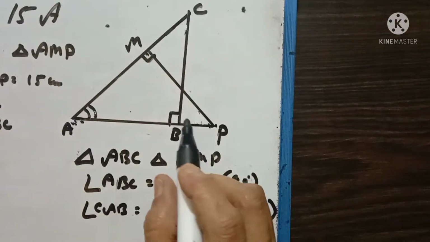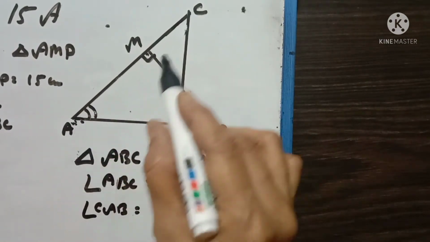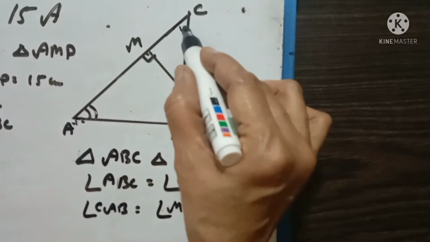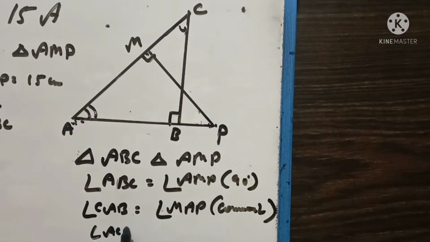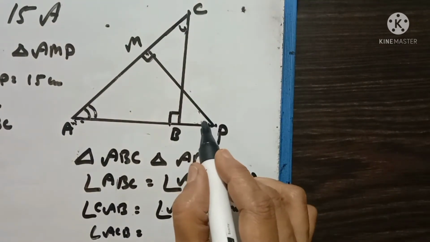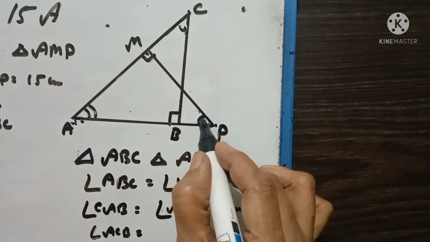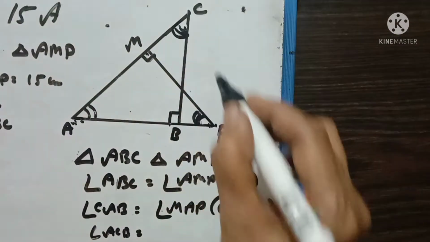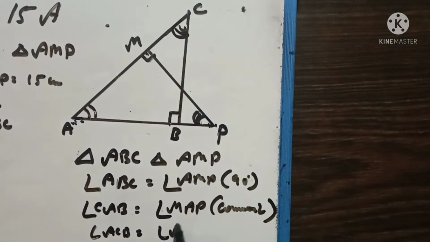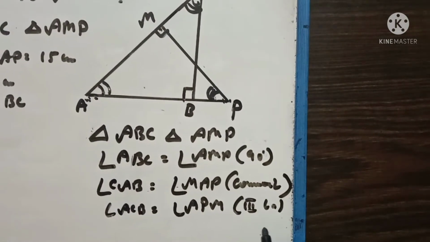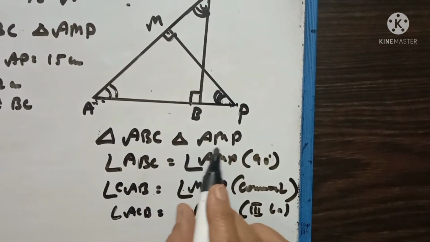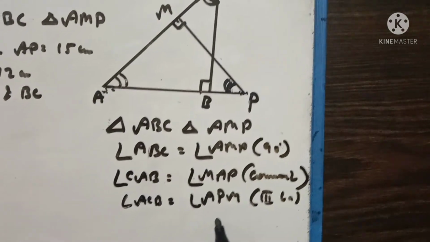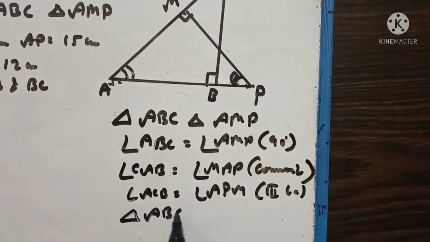Common angle. Now the third angle of triangle ABC, angle ACB, is equal to third angle of triangle AMP, that is angle APM. Therefore, triangle ABC is similar to triangle AMP.